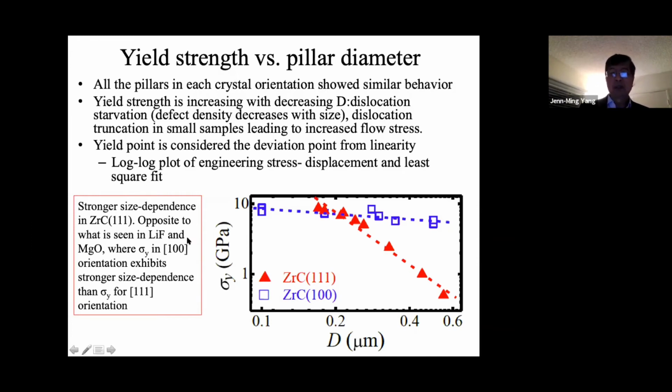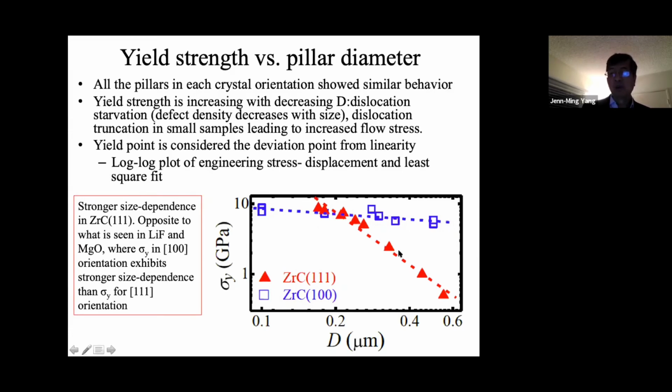But one very interesting observation is that the zirconium carbide single crystals exhibit a strong size dependence, especially in the zirconium carbide 111. As you can see, in 100, sigma y changed from about 6 to 9 GPa.